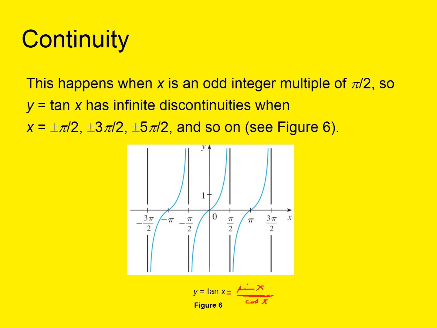So pi over 2, 3 pi over 2, 5 pi over 2, and so forth. Also the negatives. So tan x has infinite discontinuities. What kind of discontinuity is it? Is it removable? No. Is it jump? No. It's an infinite discontinuity at those numbers.